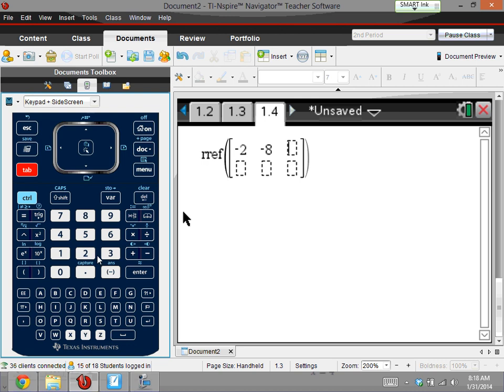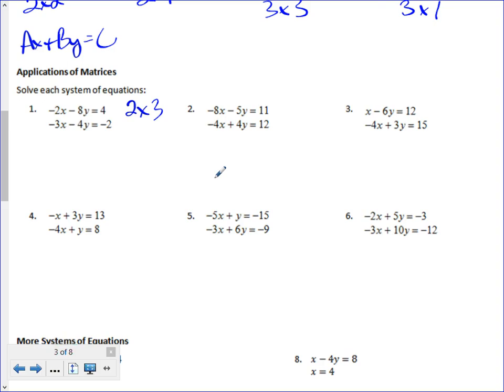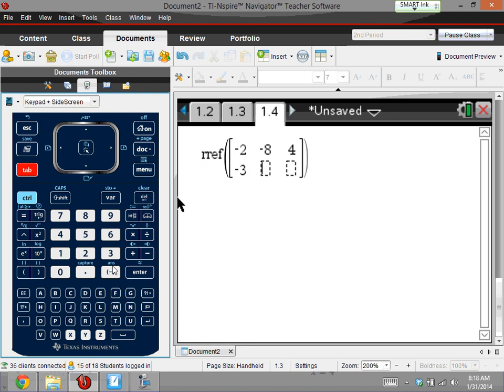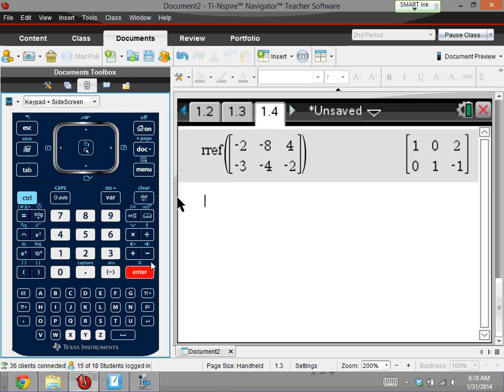Tab. 4. -3. Don't be the person that forgets the negative signs. -2. When you have all of the rows and all of the columns typed in, press enter, and this is what we get.